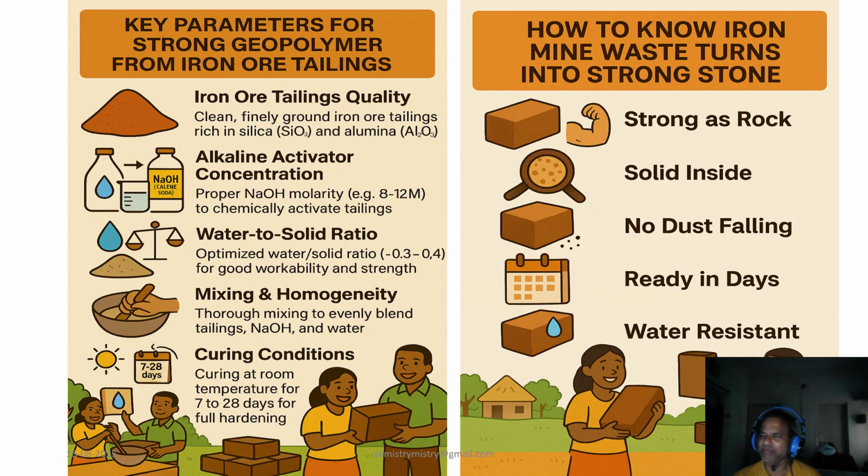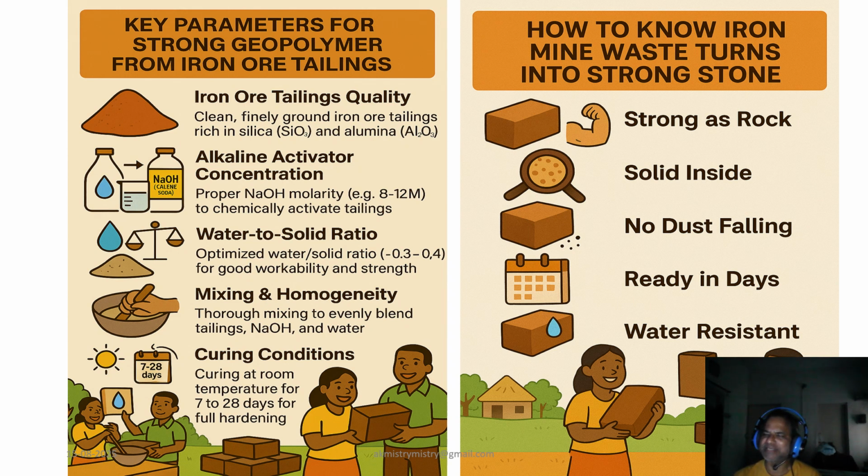Third, maintain a water to solid ratio between 0.3 and 0.4 to balance workability and strength. Fourth, mix thoroughly to achieve a uniform blend of tailing, NaOH, and water. Finally, cure the mixture for 7 to 28 days to allow full hardening.